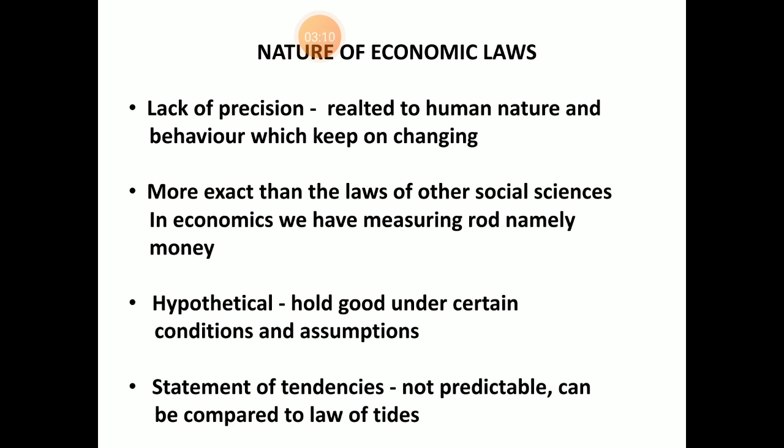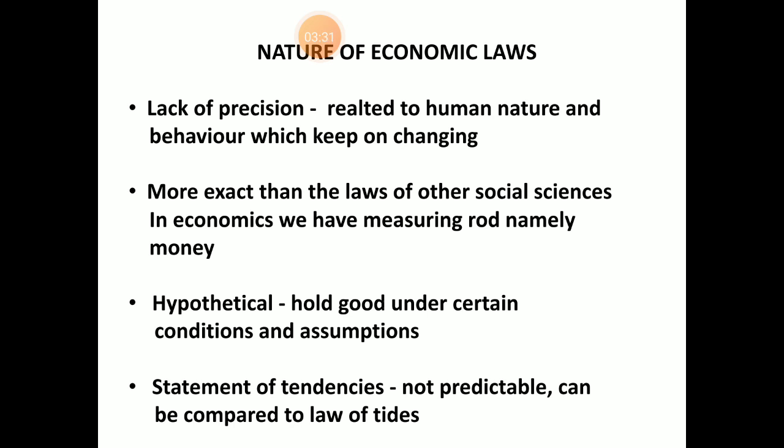Lack of precision. Economic laws lack the precision and exactness associated with the laws of other sciences like physics and chemistry. The laws of natural and physical sciences have universal validity and application.